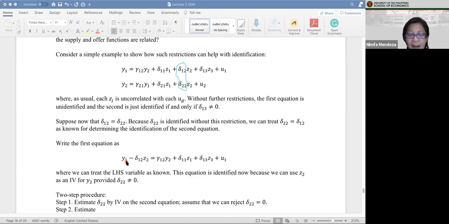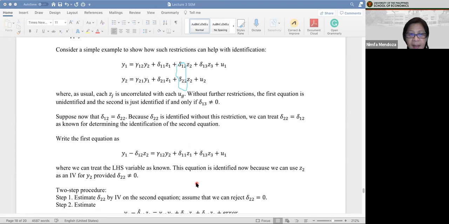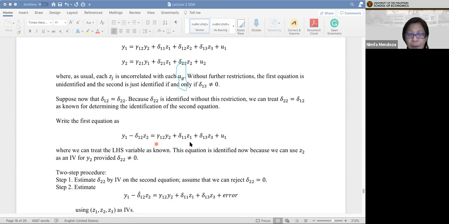Note that you have data on y sub 1, y sub 2, z sub 1, z sub 2, z sub 3, but this delta 1,2 we assume to be known because we know delta sub 2,2 from equation 2. So if you look at this equation, this is now identified.